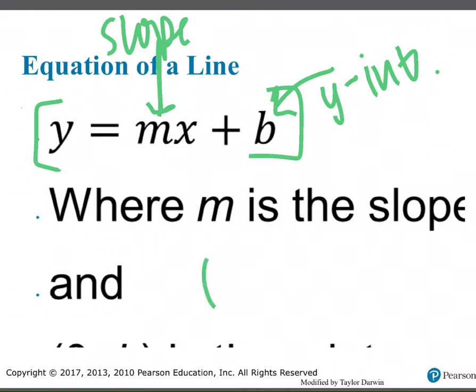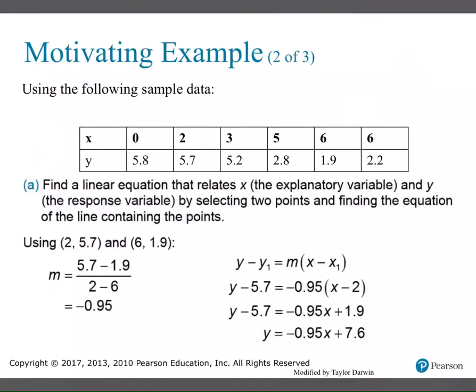Anytime you have an x value of 0, that y value is going to be your intercept. So if I were to find a linear relationship that relates x and y, x being the explanatory variable and y being the response variable, by selecting 2 points and finding their equation.